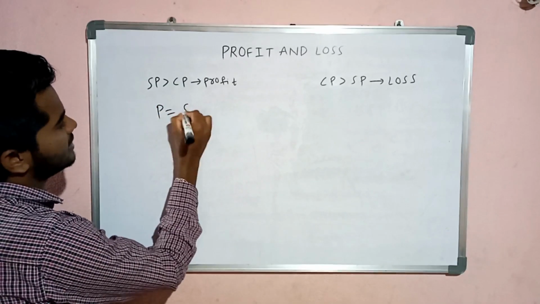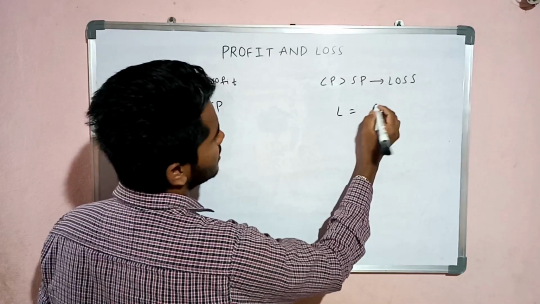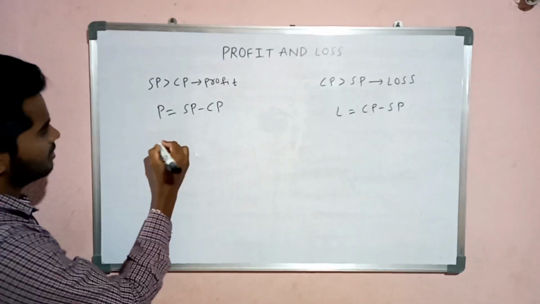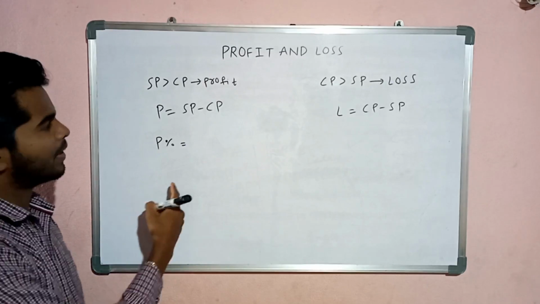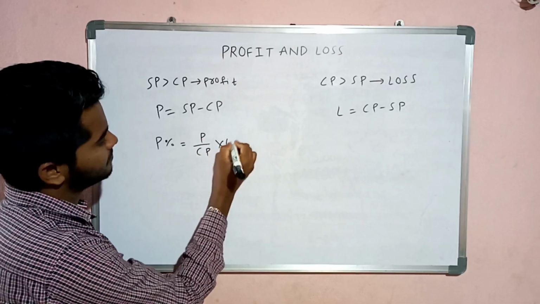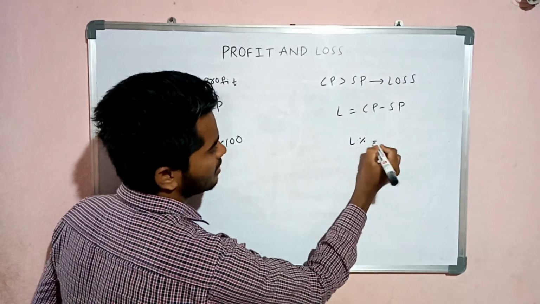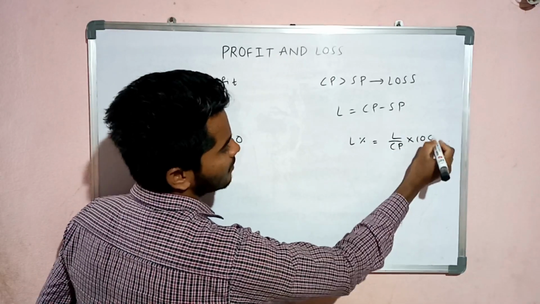So profit equals selling price minus cost price. Loss equals cost price minus selling price. Profit percent equals profit by cost price into 100. Loss percentage equals loss by cost price into 100.